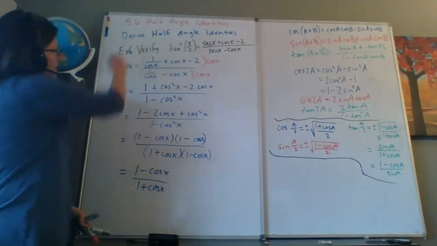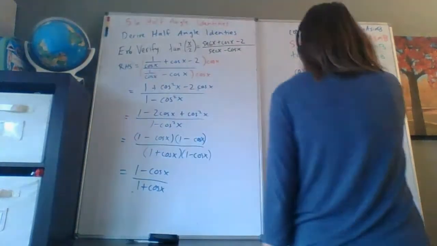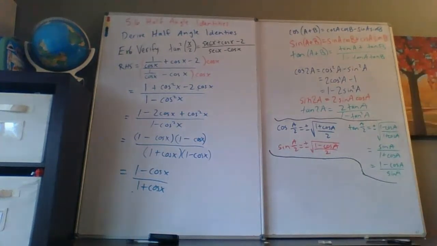And at this time, you might look, okay, how does this relate to the tangent squared of the half angle? So looking over here, if I have this 1 minus cosine x over 1 plus cosine x, I'm seeing something here.